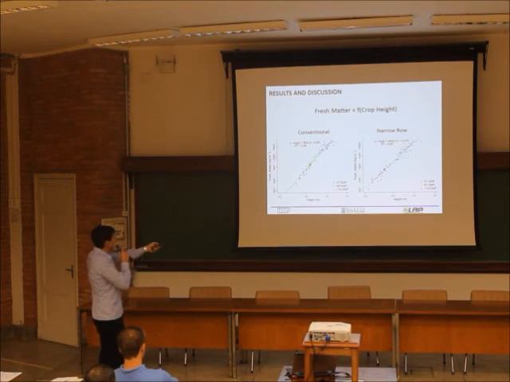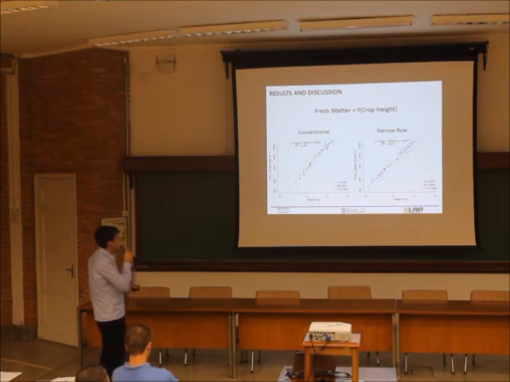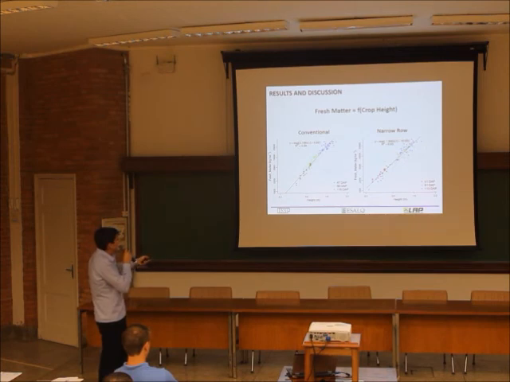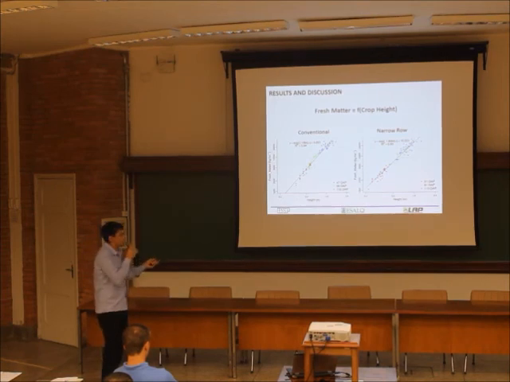We can see that in the conventional one, in the beginning we already have less biomass, because in the narrow system we have a lot more plants. The plant population is almost doubled, but the conventional one tends to increase faster because the plants have more space and there is more rain, because it's planted earlier than in the other system.